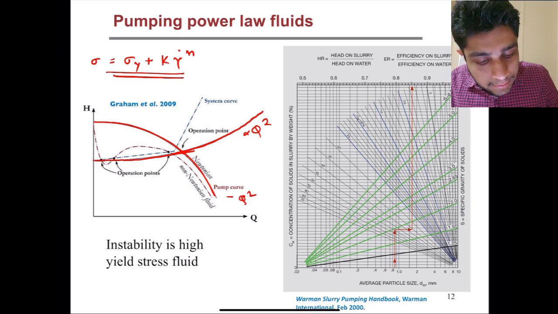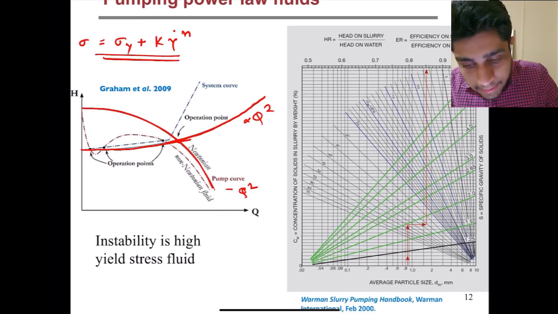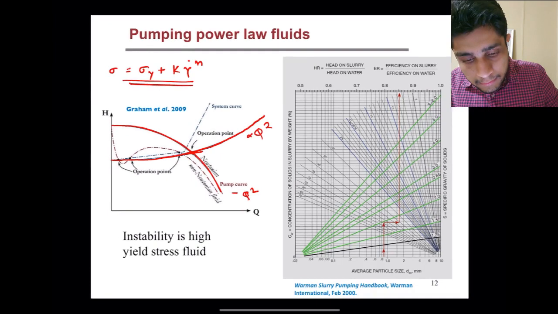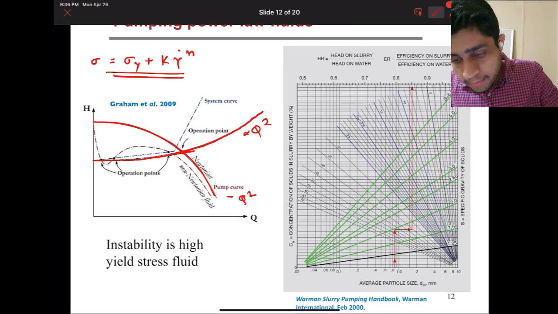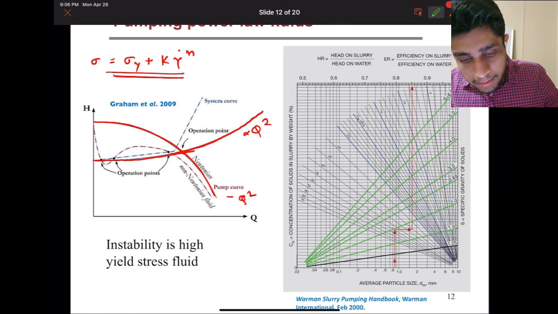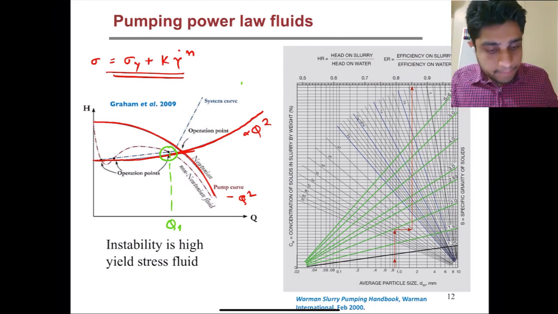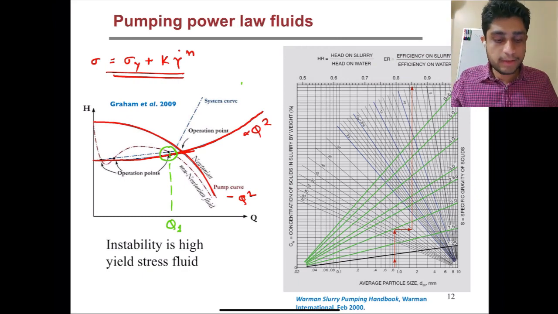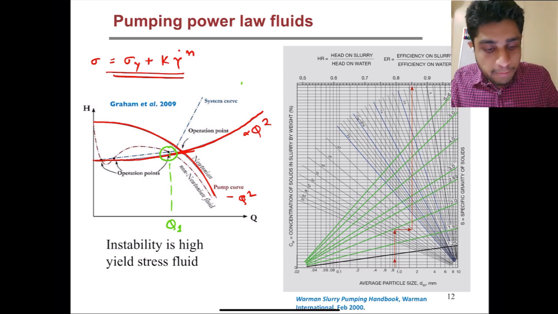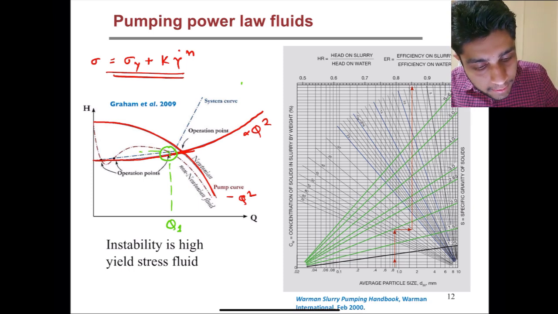So let's say we are operating at this point, and the flow rate is, let's say, Q1, and because of some external condition or something going wrong, the pressure head created by the pump fluctuates and it dips from this value H1, let's say.